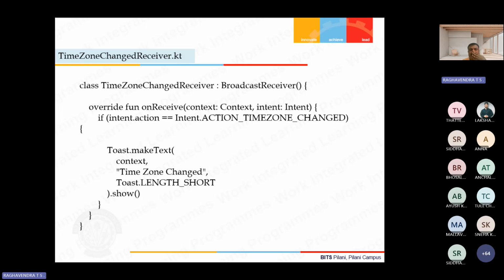Once the change receiver is there, with the help of broadcast receiver which has been extended here, we will have a function overriding onReceive with the context and the intent. If intent dot action is equal to intent dot action time zone, so a toast message can be set. Time zone changed, Toast dot length short. After that you have to call the show method.